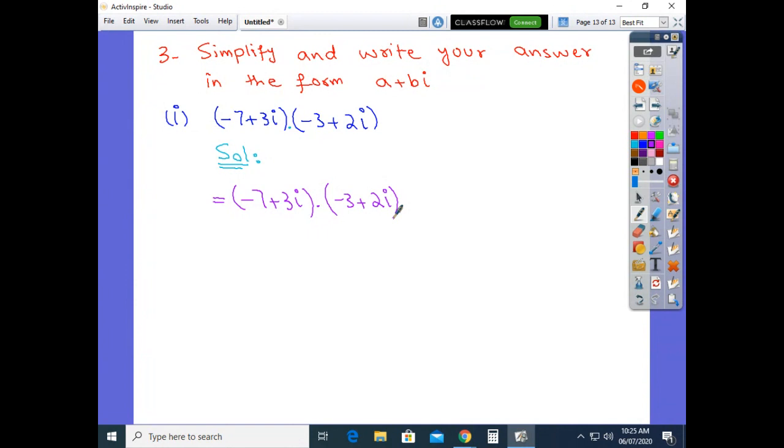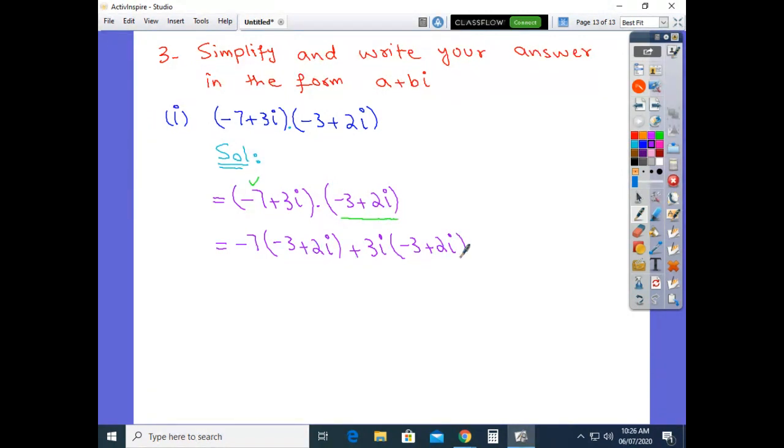We multiply term by term, that is negative 7 is multiplied with negative 3 plus 2 iota, which means this negative 7 is multiplied with the whole bracket. Similarly, positive 3 iota is multiplied with the whole bracket negative 3 plus 2 iota.